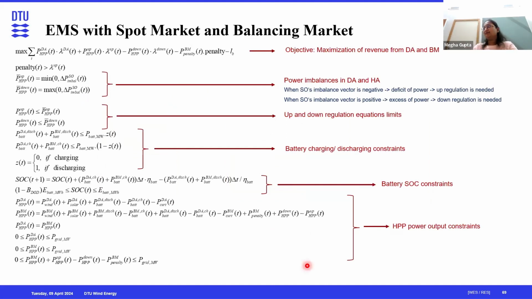And this is a bit complex mathematics for the EMS for the balancing market. So that's just what has been implemented in the EMS. Maybe it is again a maximization of revenues, which we earn from the spot market and from the up balancing market. Up regulation prices are added to the revenues, while if we are doing down regulation, we subtract it from the revenue.